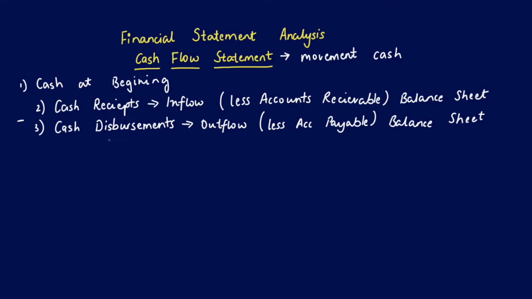Once you subtract the outflow from the inflow of cash, which is the cash disbursements from the cash receipts, you're left with something known as the cash from operations. I'm not going to go too much into it because it's pretty obvious. It's the money that you've retained from your operations after any expenses or payouts. So, cash from operations.